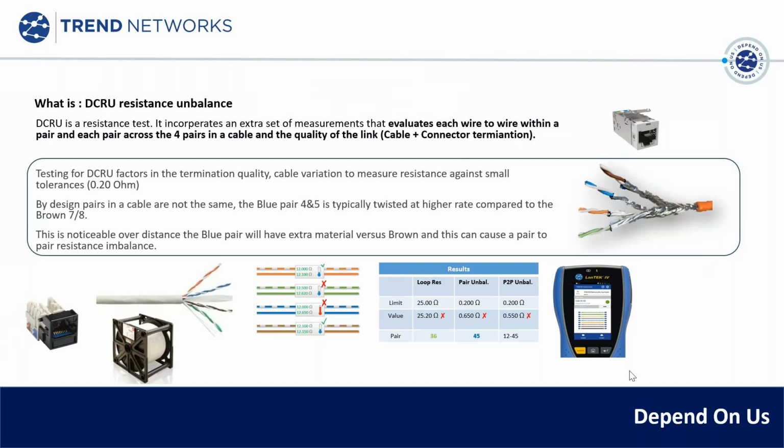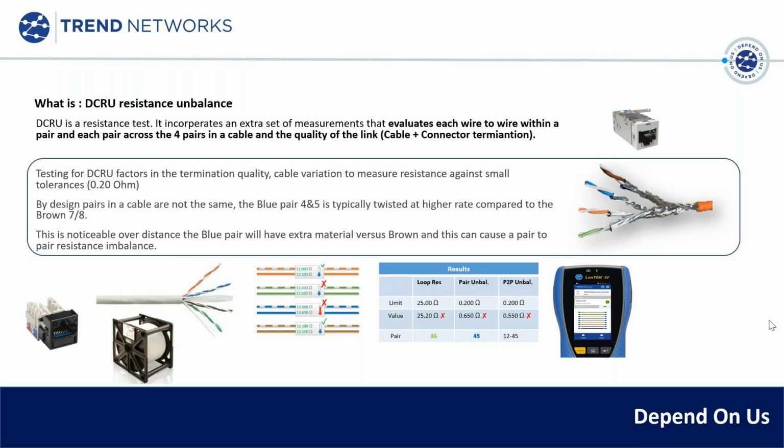But the challenge is pairs inside a cable are twisted at different rates. You can imagine it's quite noticeable when you look at the blue pair. Typically, the blue pair is twisted the most compared to the brown. However, I've got a shielded product in the center of the screen. Sometimes shielded products are not twisted as much.